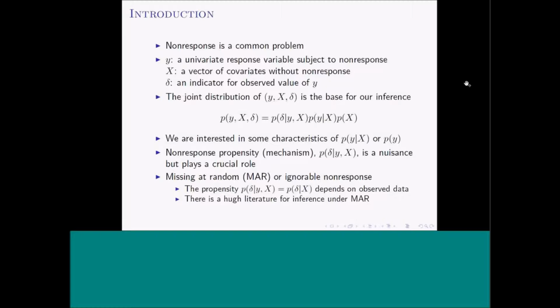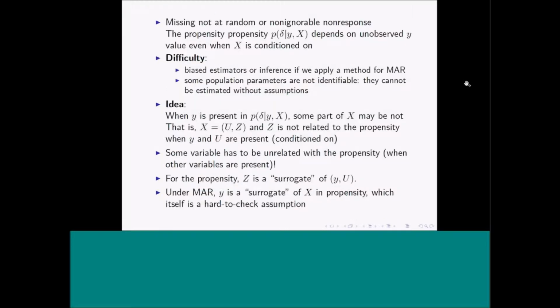And for that case, there's a huge literature. If missing is not at random, or non-ignorable, then the y variable cannot be excluded from the propensity, even given the entire x. So this is a difficult kind of situation.